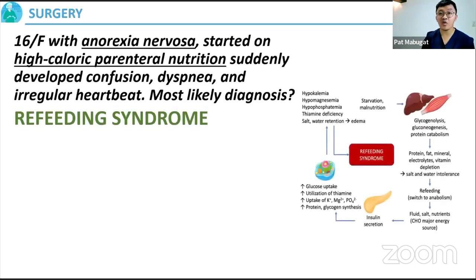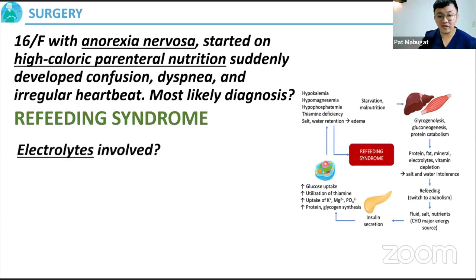Now, why is feeding a patient who is starved problematic? This is because of the hormonal response of your body. Her body is starved of calories. If you suddenly push high amounts of calories there, your body is going to get very eager and increase the production of insulin. Insulin does not only push glucose inside the cells, it also pushes the electrolytes around the glucose with it.